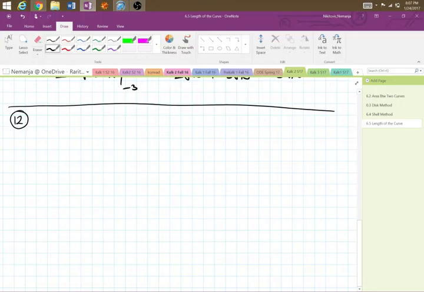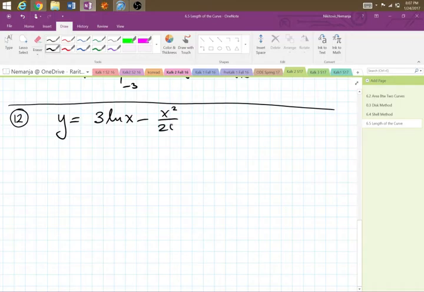So the function y for problem 12 is 3 ln x minus x squared over 24 on the interval 1 to 6. I hope this is going to work. We know that we need the derivative to plug in, and we'll have to square it later.